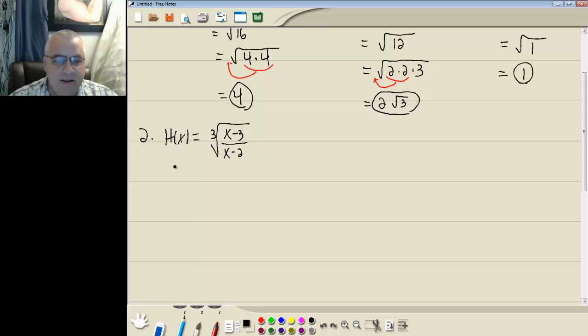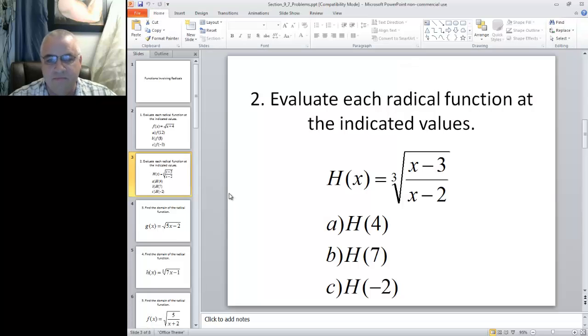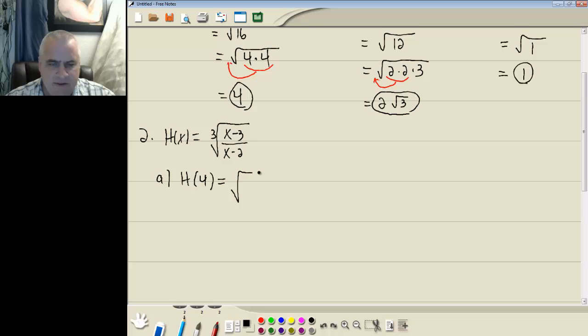And we want to find h of 4. Again, we're going to go through and we'll put parentheses where x was. So we're going to have the cube root of parentheses minus 3 over parentheses minus 2. Whatever's inside the parentheses here is what we'll put inside the parentheses over here. So we'll put a 4 here and 4 here.